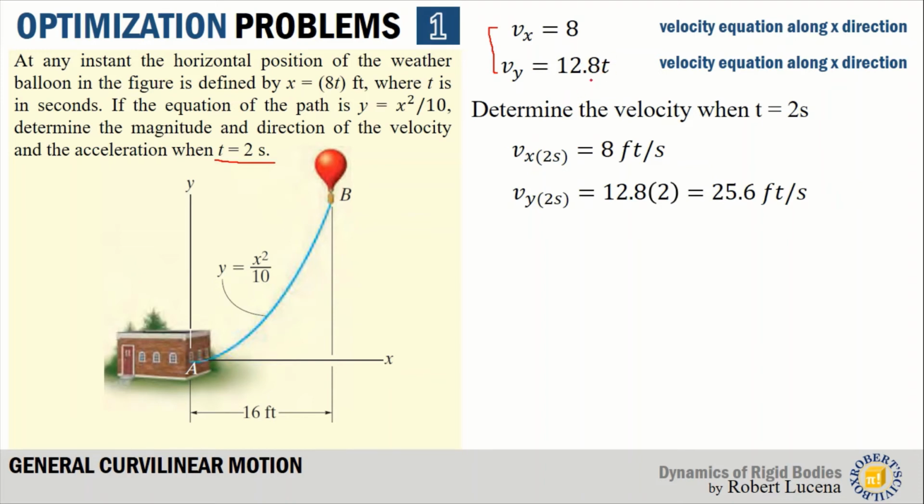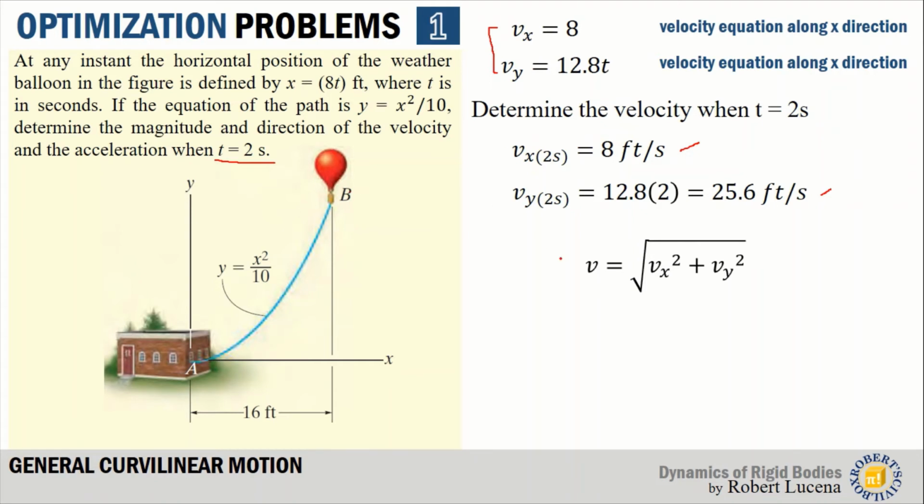So substitute the value of t equals 2 seconds to get the velocity after 2 seconds about y-axis. So substituting 2 into this equation, you get velocity along x, which is 8, and velocity along y, which is 25.6 feet per second. Now, we have velocity along x, velocity along y, but not really the velocity of the object.